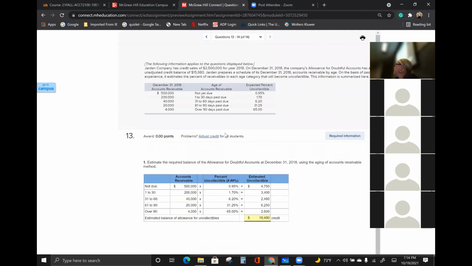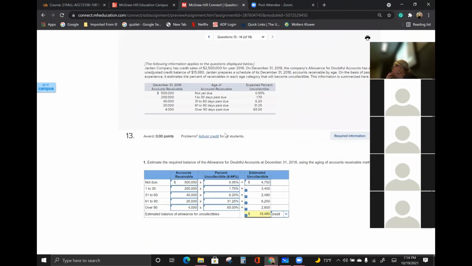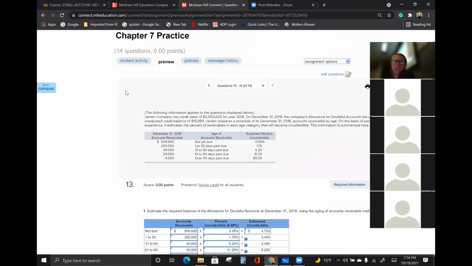Okay, so this is an accounts receivable that is going to break out the estimate based on the number of days outstanding. I just wanted to go over it to make sure you understood what you have to do for this one. Jordan Company has credit sales of $2.5 million for the year of 2018.